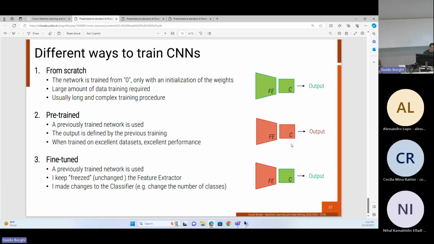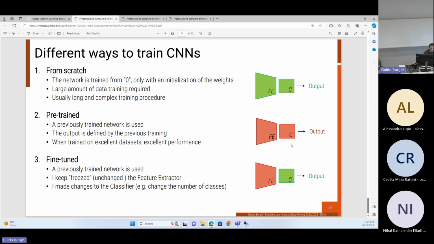The third way is one of the most used ways to train the network in our setting, and it is the so-called fine-tuning procedure. We start from a pre-trained neural network. Like in the second case, we use a network that has been trained on a specific data set.